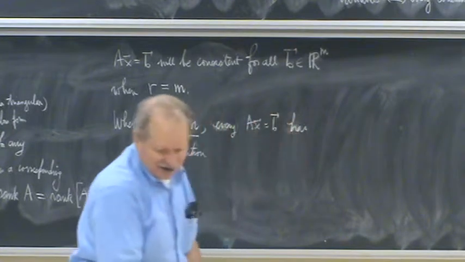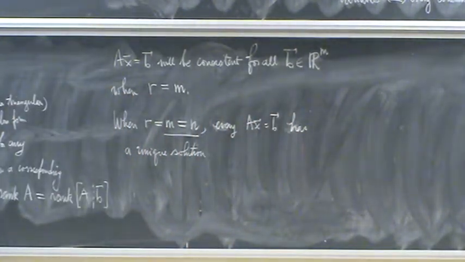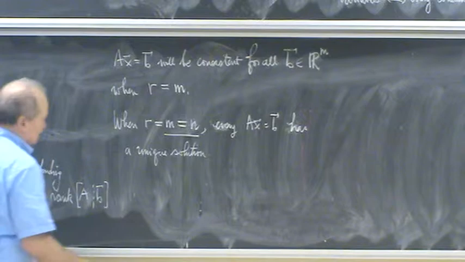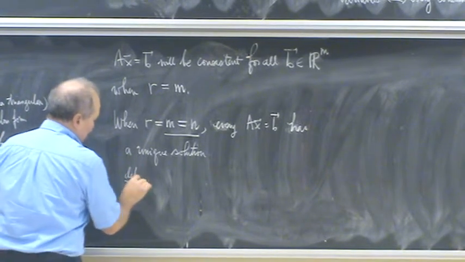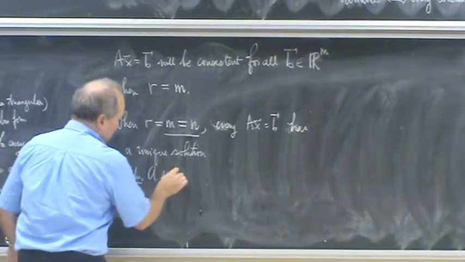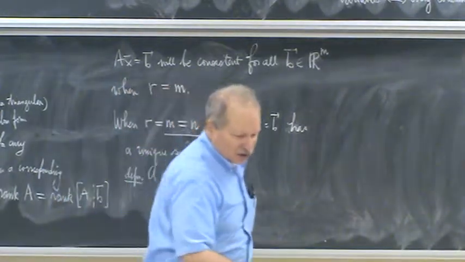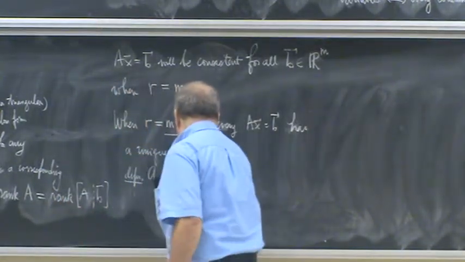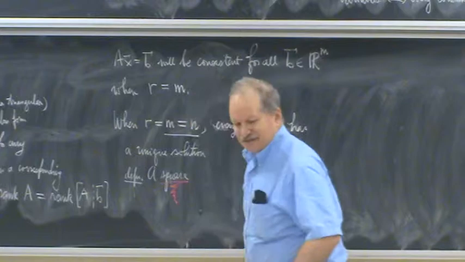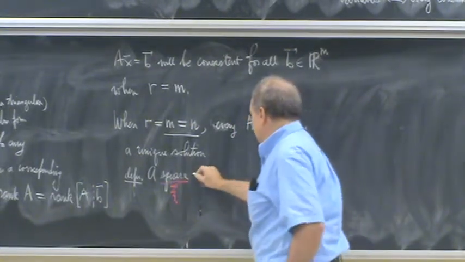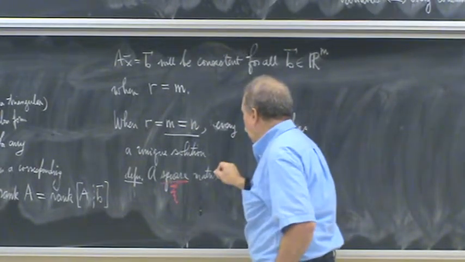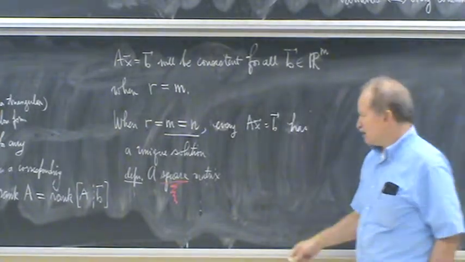Since you were so happily understanding everything, I might as well give you another vocabulary word. Definition: a square matrix, and I'm going to underline square in red, because this word is used only for square matrices.